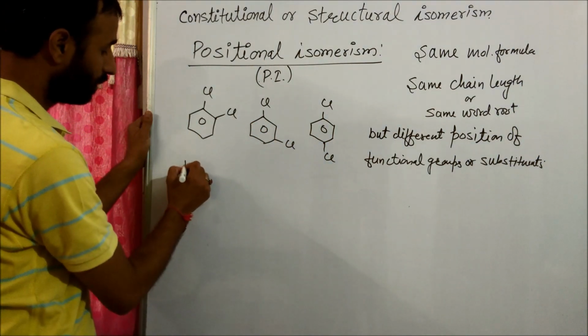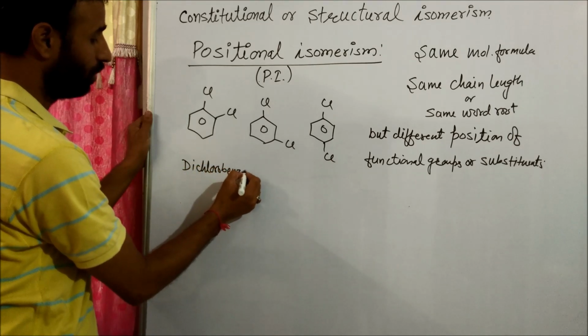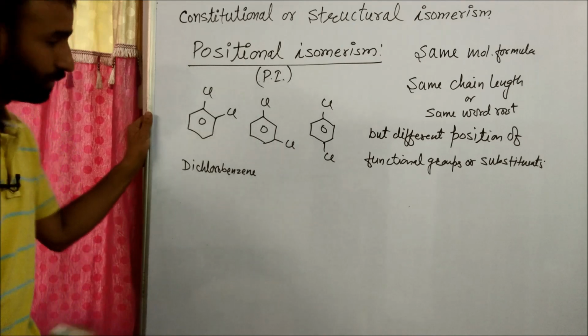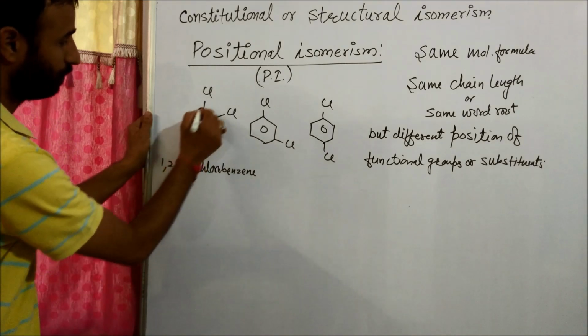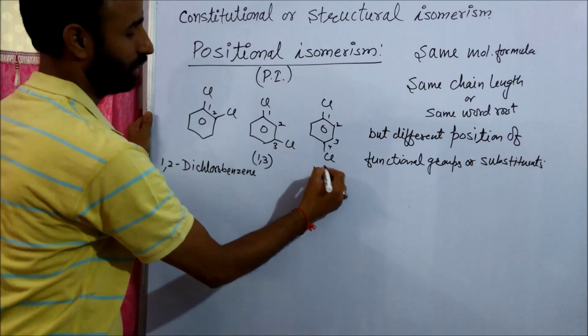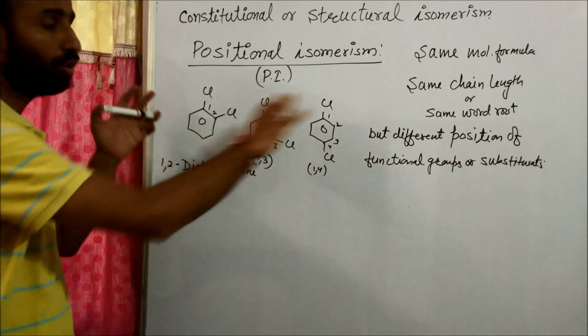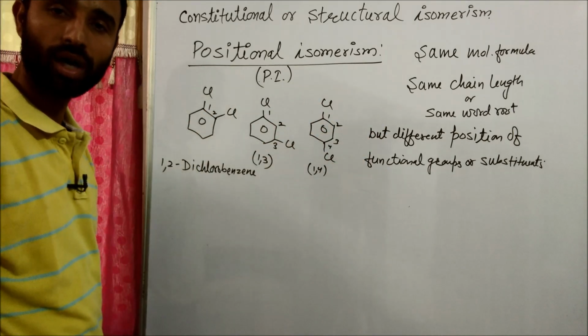All are dichlorobenzene. But this is 1,2, this is 1,3, 1,4-dichlorobenzene. So they are also position isomers.